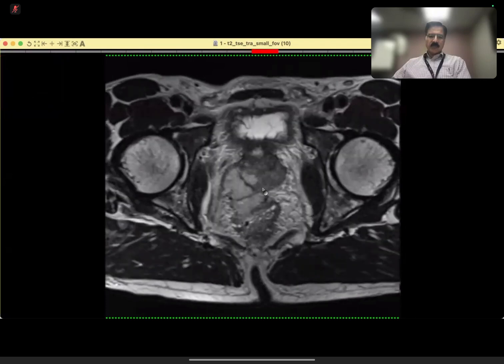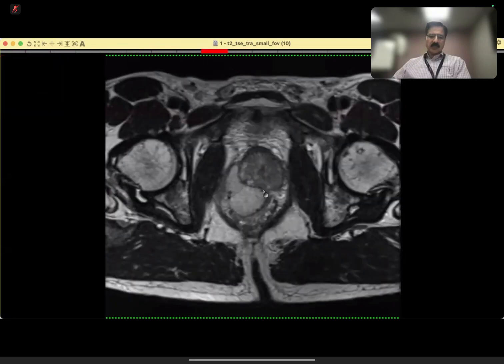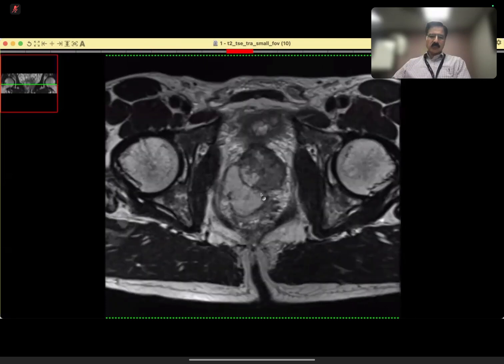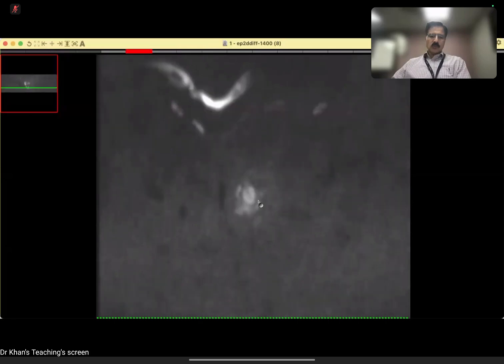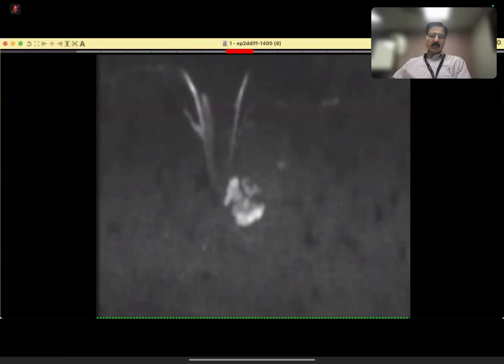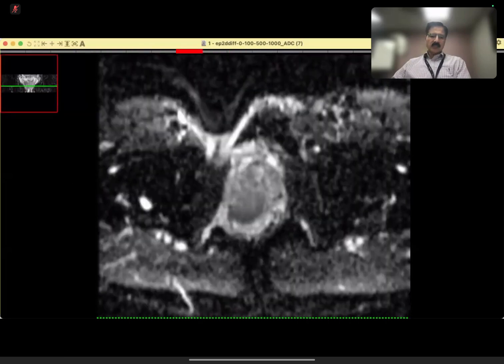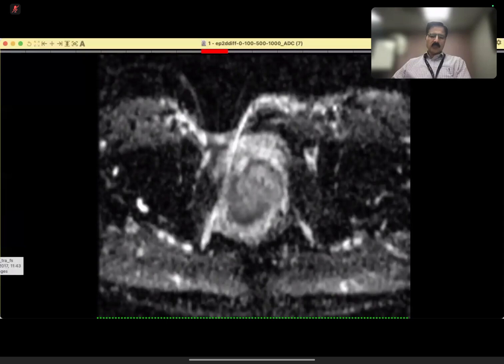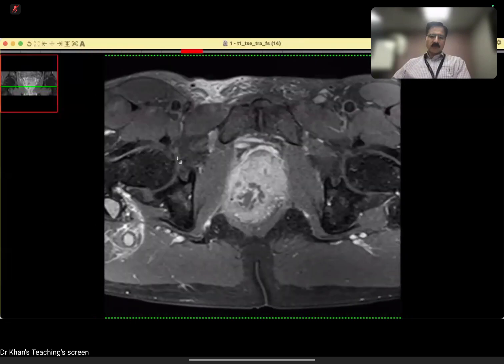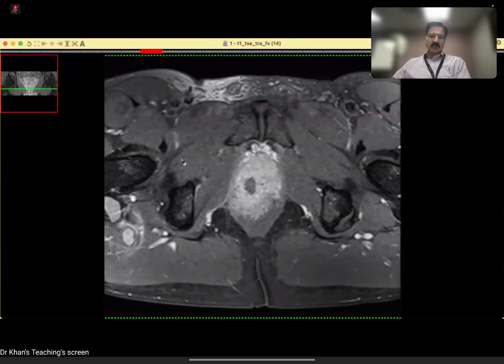And remember that an abscess is high signal, and a carcinoma will be low signal. Then we see the DWI sequence, which shows restriction. And on ADC, this is it. And on post contrast, this is confirmed to be a prostatic abscess.